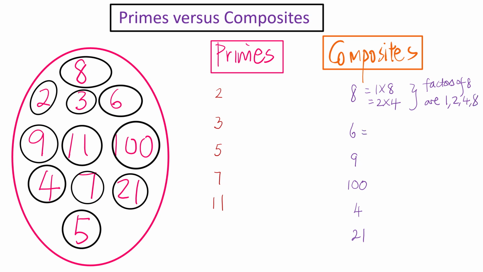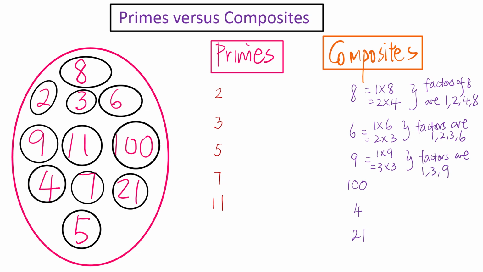So for 6, it's 1 times 6 or 2 times 3. So factors are 1, 2, 3, 6. All right, we're not going to do the rest.